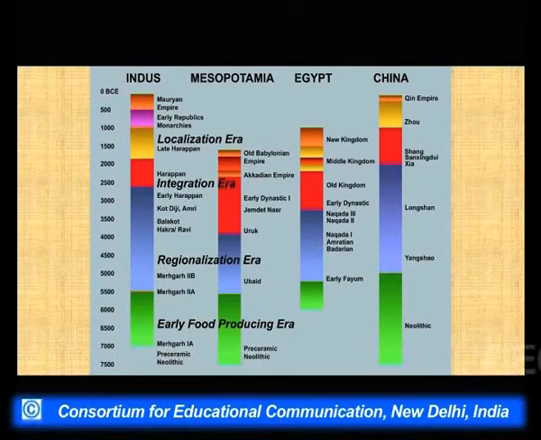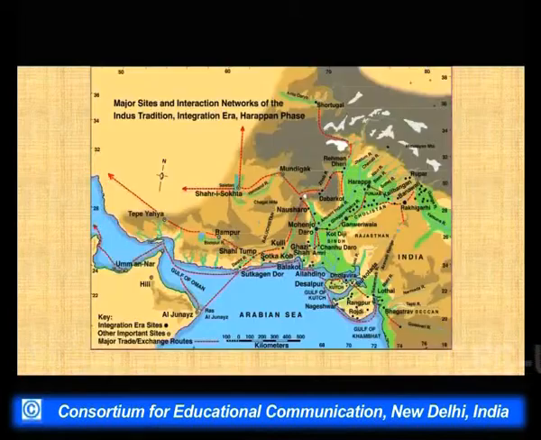So Hakra, Ravi pottery, Balakot, Kot Diji, Amri, all of these can be considered to be pre-Harappan, and then you have the early Harappan, the mature Harappan phase, which is broadly dated to about 2200 to about 1750, and then you have late Harappan, which then leads to the PGW.